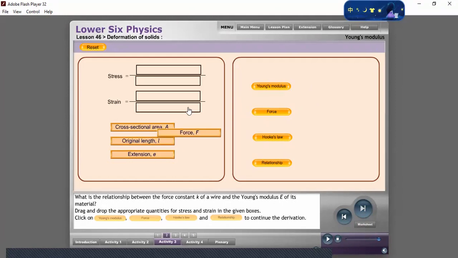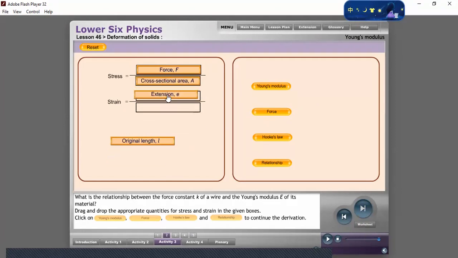As we know, stress is equal to force over the cross-sectional area, and the strain is equal to extension over the original length. From here, Young's modulus is equal to F over A over E over L. This means stress over strain. From the formula, we arrange the force again: F equals EA over L times the extension.